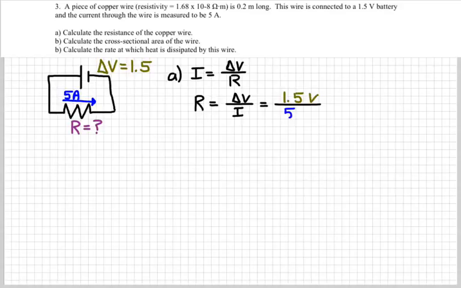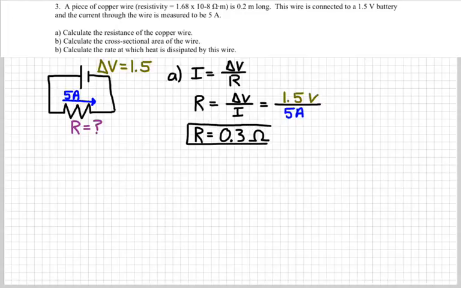The current is 5 amperes. And so the resistance that we end up with, if we divide 1.5 by 5, we get something like 0.3 ohms.